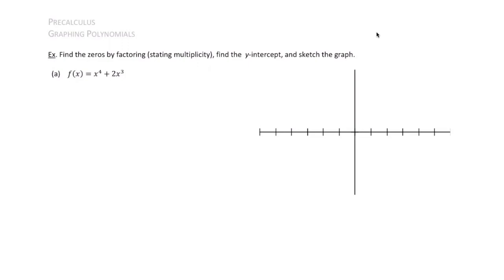Do you know that the multiplicity would indicate the behavior of the graph when it approaches those roots in particular? Do you know how to tell when we have an odd overall degree or even overall degree? Does it start high? Does it start low?